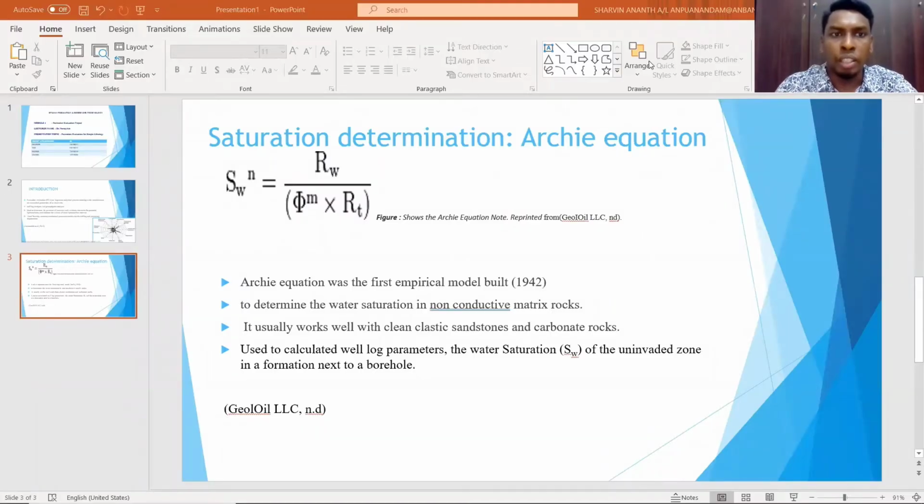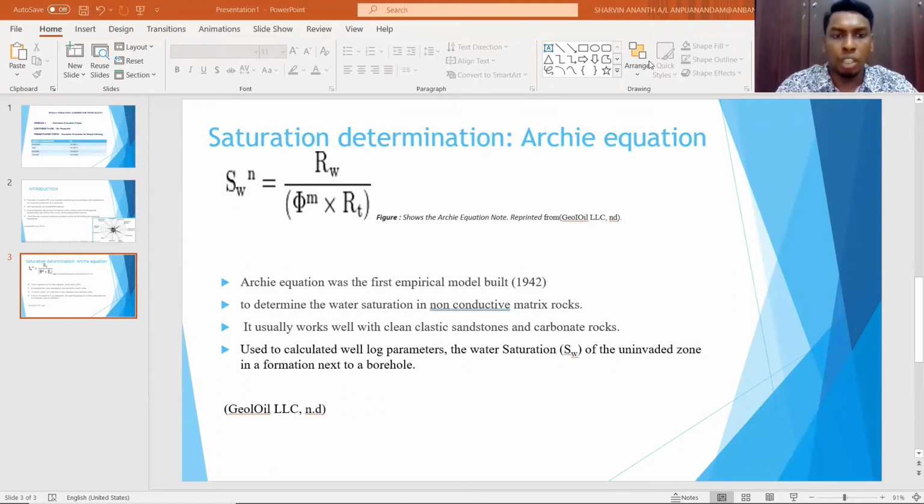Moving on to the next part, which is the saturation determination via the Archie equation. As you can see in the slide, it shows the Archie equation. It was the first empirical model, built in 1942. It functions to determine the water saturation in non-conductive matrix rocks. It usually works well with clean clastic sandstones and also carbonate rocks.